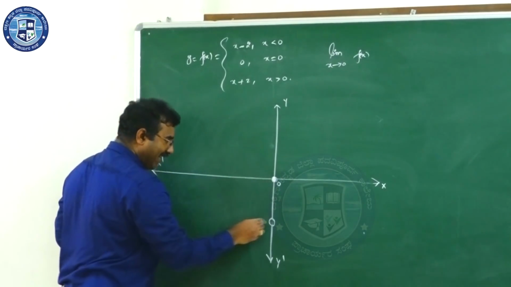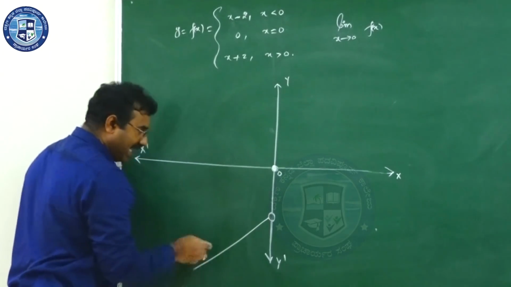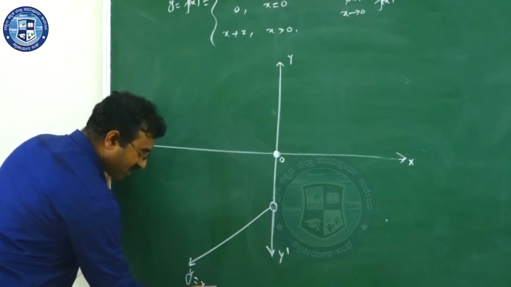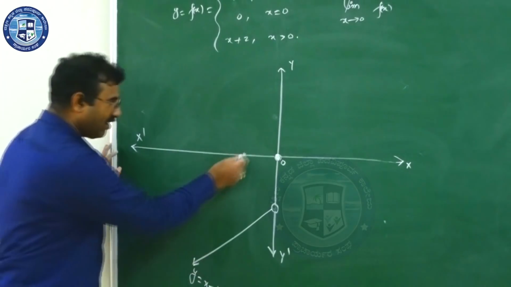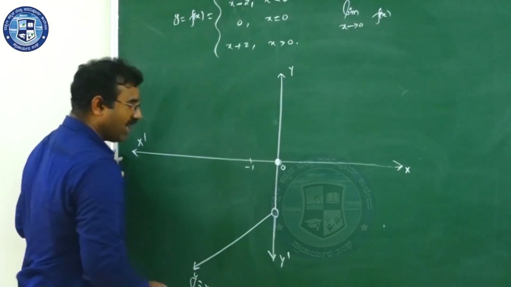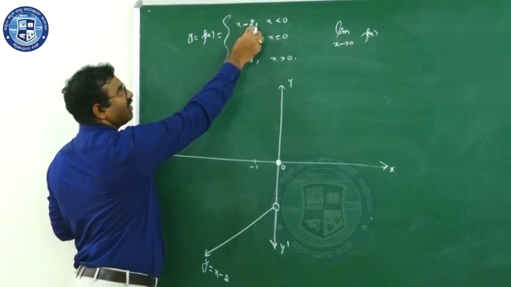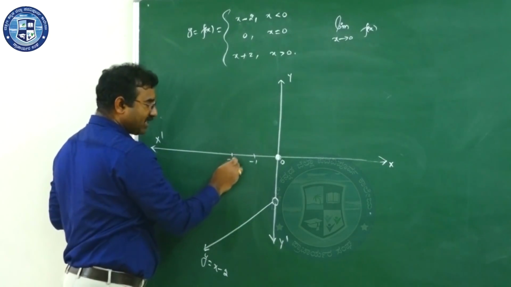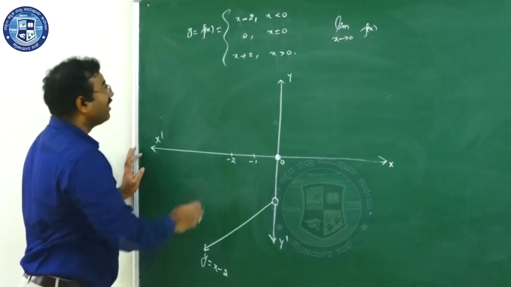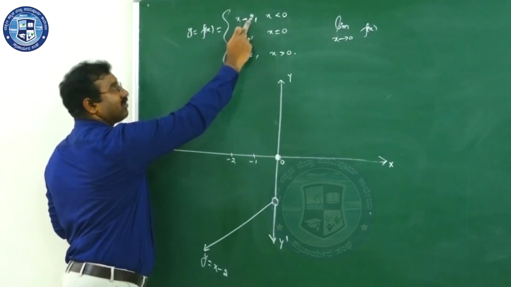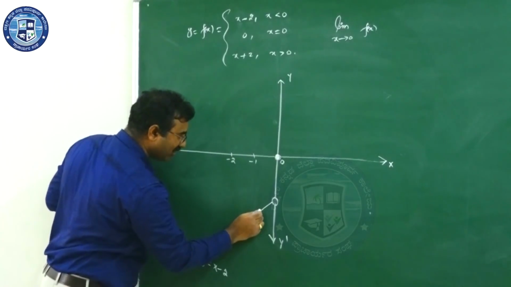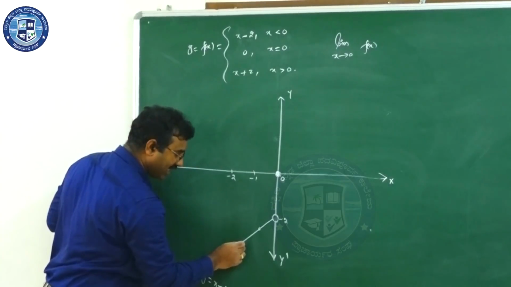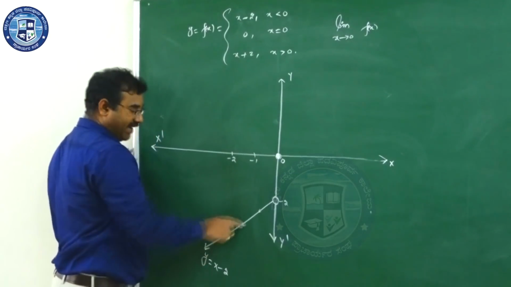And for all negative values it is y is equal to x minus 2. You just keep x equal to minus 1, then you will get minus 1 minus 2, minus 3, somewhere here. If you take minus 2, then you will get y value minus 2 minus 2, minus 4. This point is minus 1, minus 3, and this point is minus 2, minus 4.